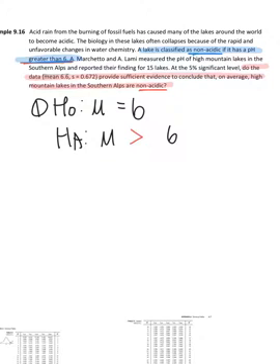Greater than 6. When pH is greater than 6, then we can say it is non-acidic. So the alternative hypothesis must be greater than 6. That means it's non-acidic. So is this a left one, right one? Right one, thank you.